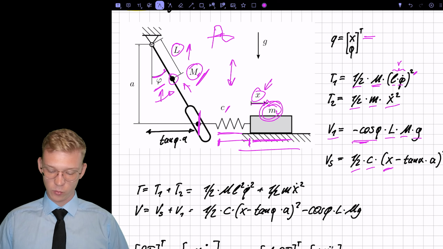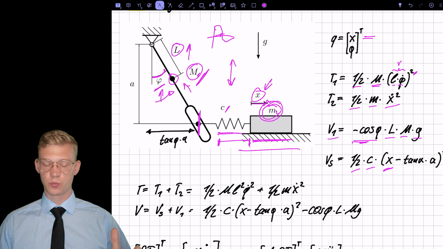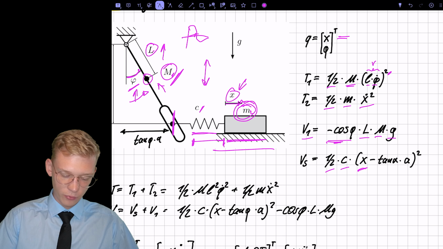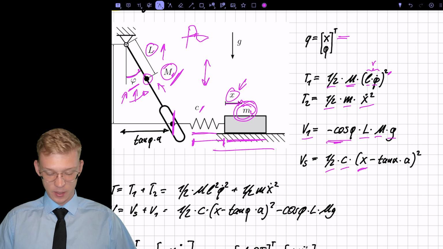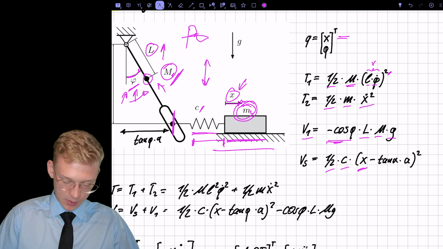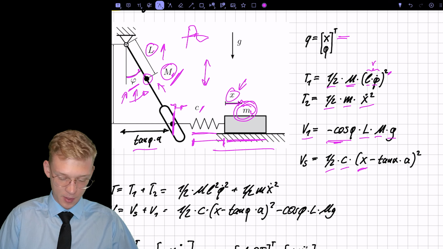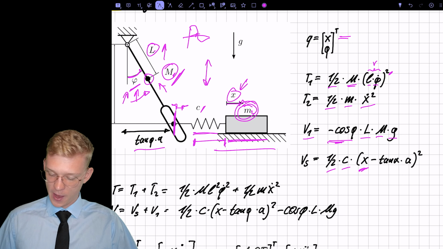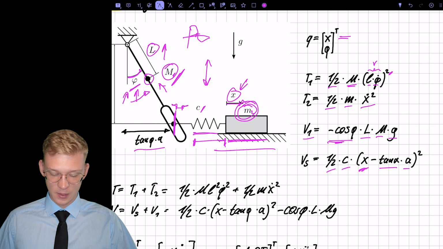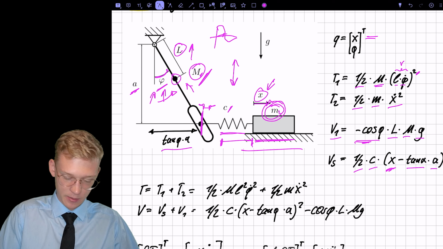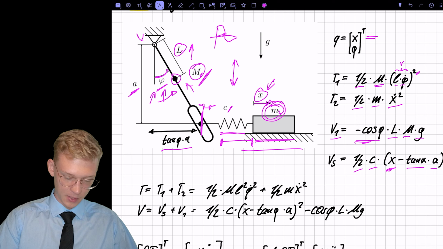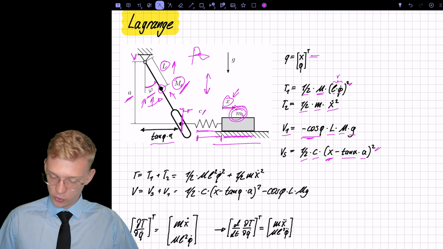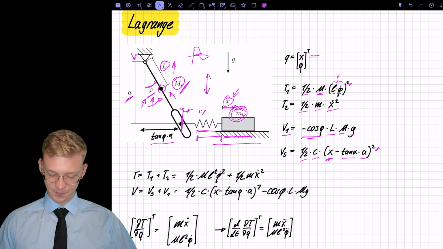So x will be the length of our spring. But because we can change the angle phi, this point will actually move along the tangent. So we have x minus tangent of alpha times a. A is the distance from the floor to our fixed point, and of course, squared because we need the energy.